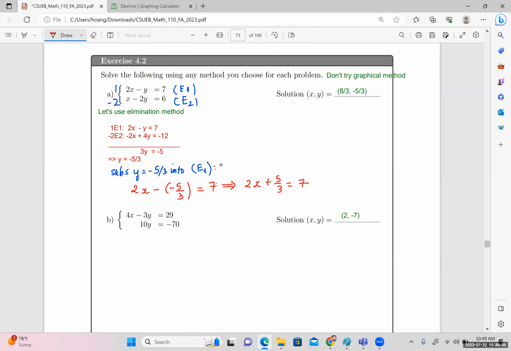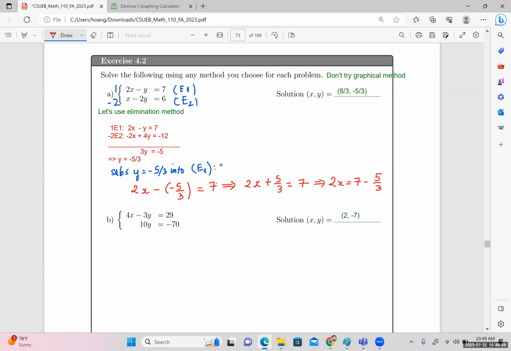Okay, so maybe you guys will worry about this step, right? So subtract both sides by 5/3. How to do this one?